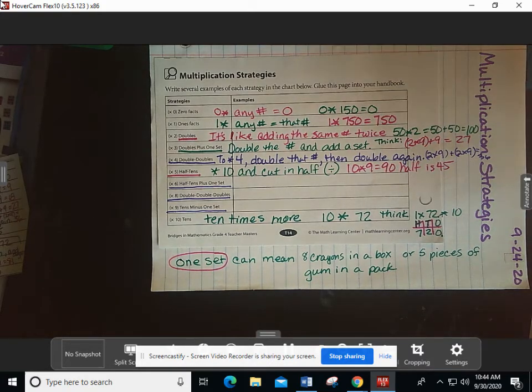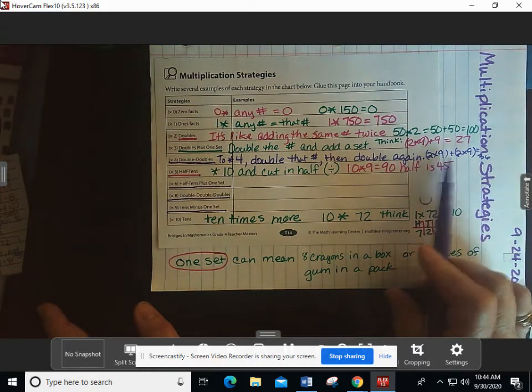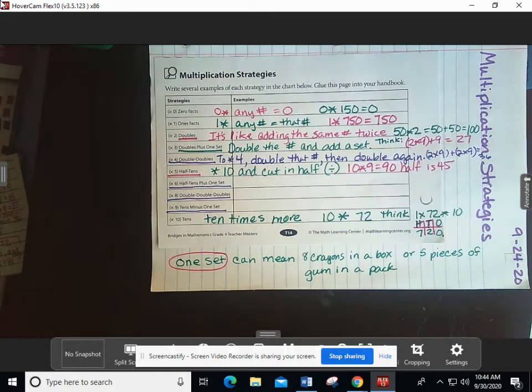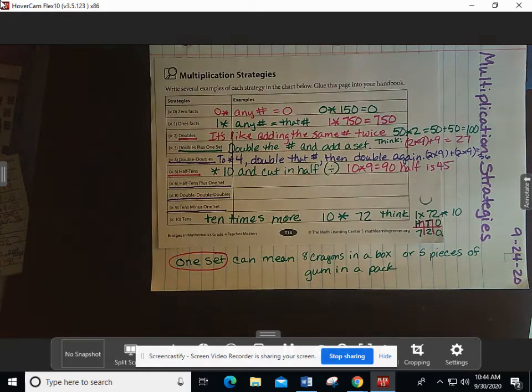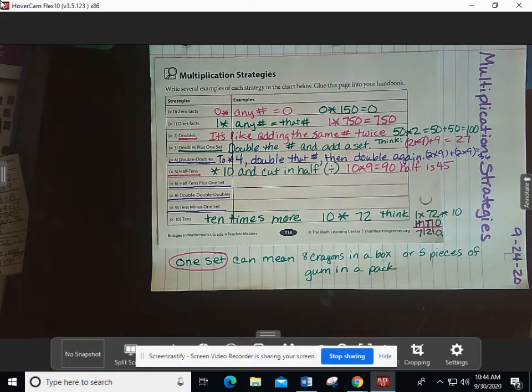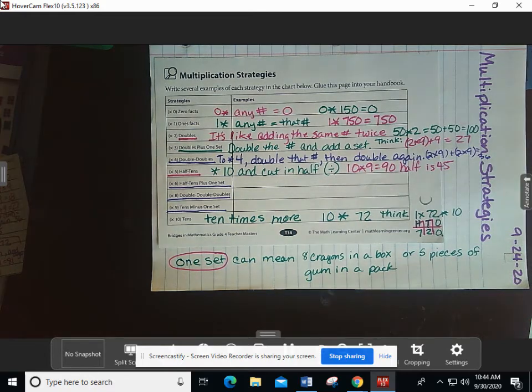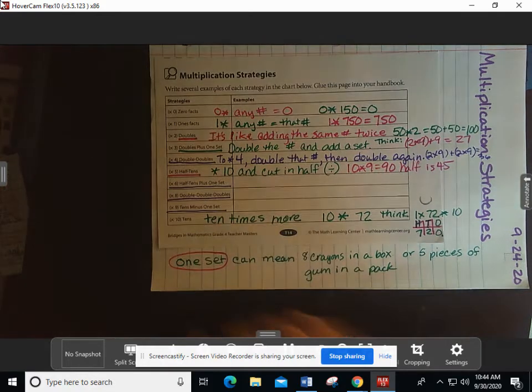Remember that when we put these parentheses around them, this is our first thought. Here's our second thought. Parentheses organize our thoughts. And then when it's joined by a plus sign, then we know that we're going to have a third thought.